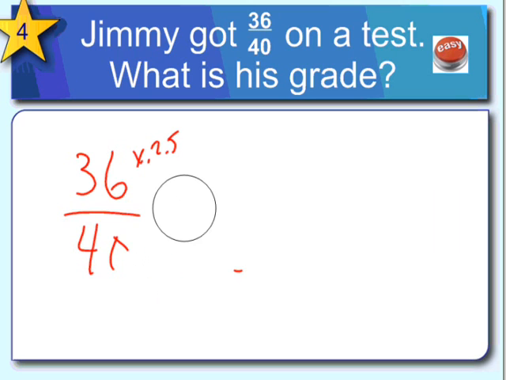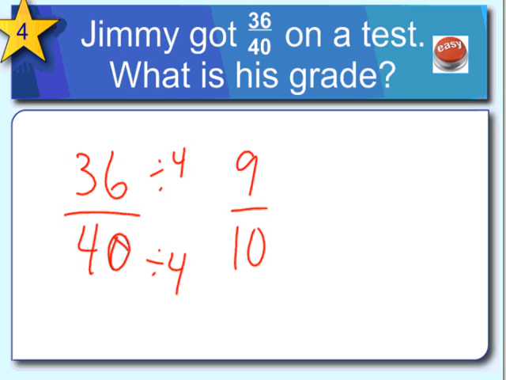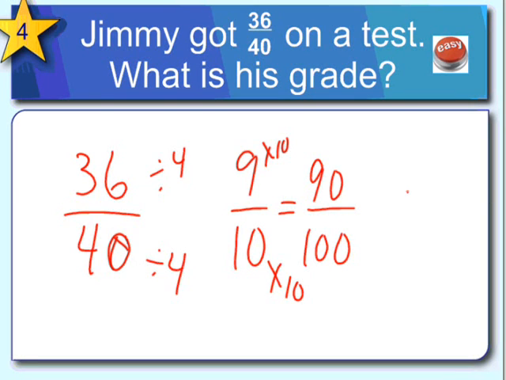But let's simplify that. If you would divide each one by 4, that'd be 9/10. And 9/10, piece of cake to turn into an equivalent ratio. That would be 90 over 100. So Jimmy did very well on that last one.